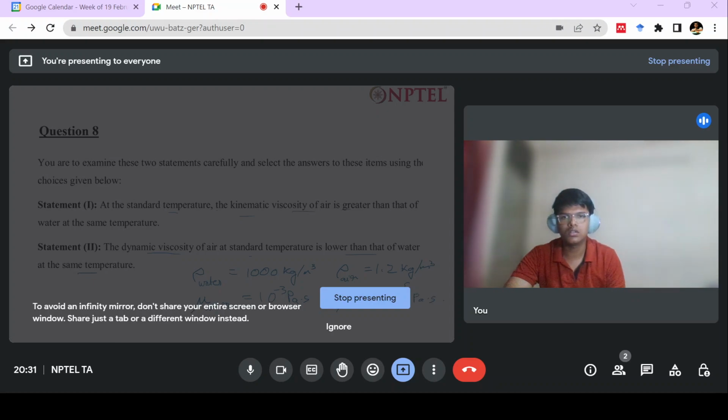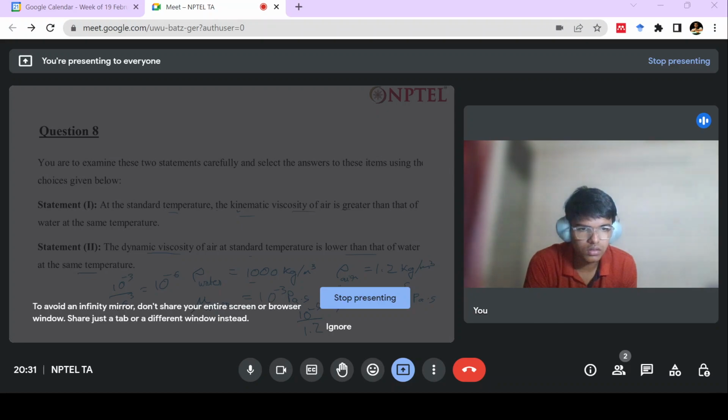Okay, so let's see. What about kinematic viscosity? Kinematic viscosity is basically the ratio. So for water, 10 to the power minus 3 divided by 10 to the power 3, so this is 10 to the power minus 6. And what about air? Air is 10 to the power minus 5 divided by 1.2.